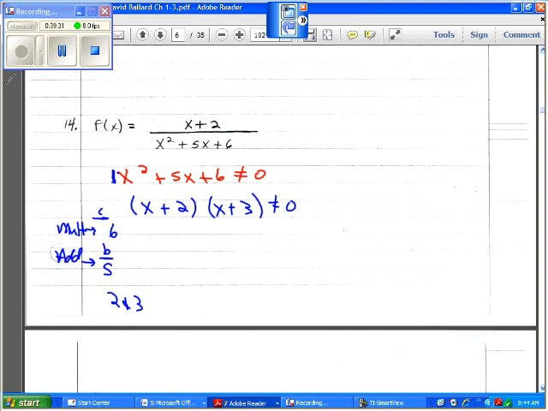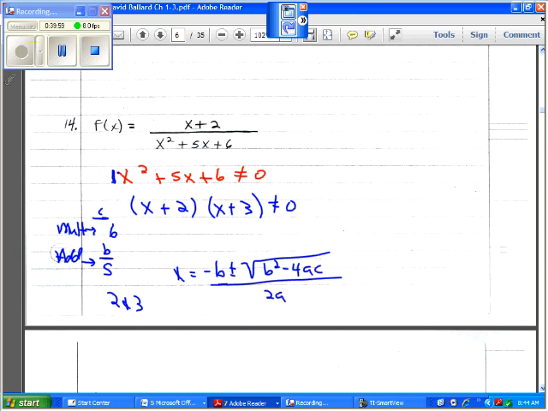Now, if a is not 1, then you can use the AC method of factoring, which we taught you. It's on page 213 of my Algebra 1 book. Or you can use the quadratic formula. Remember it? X equals negative b plus or minus the square root of b squared minus 4ac all over 2 times a.